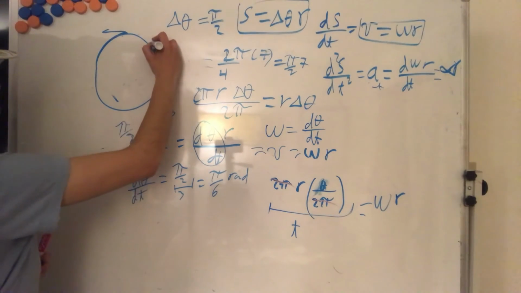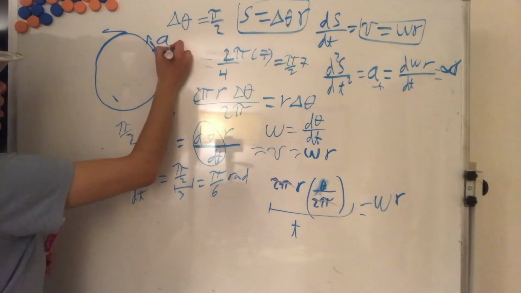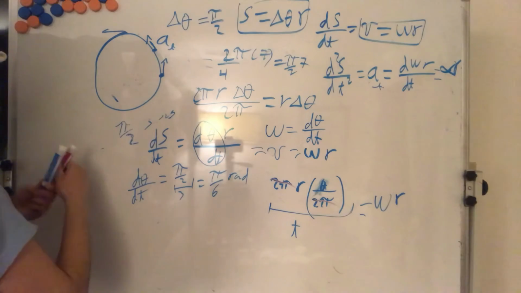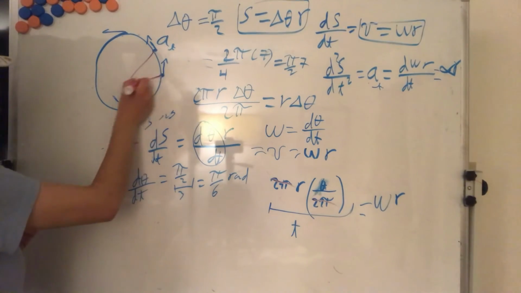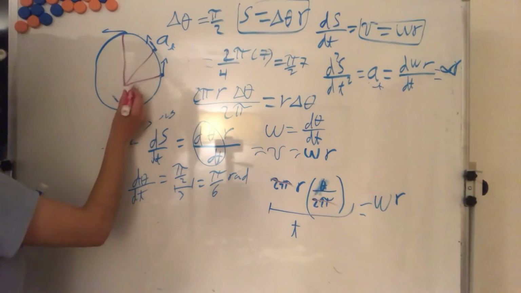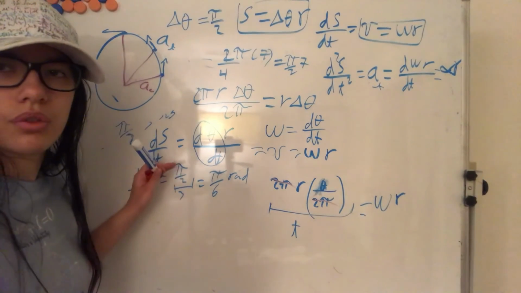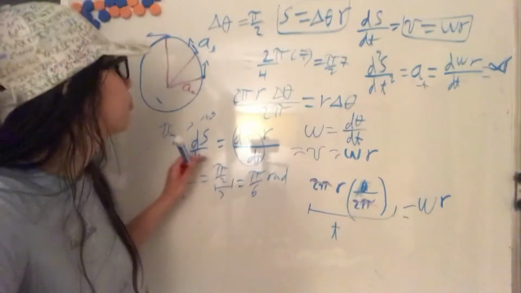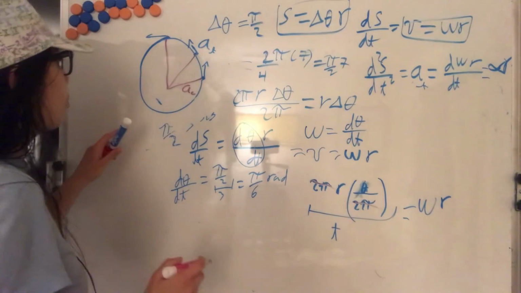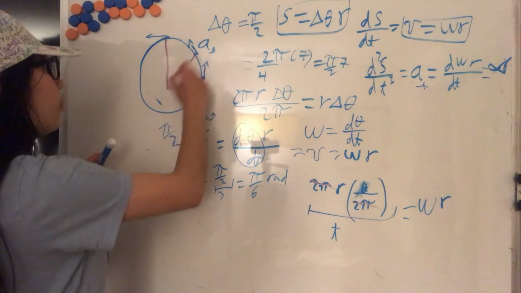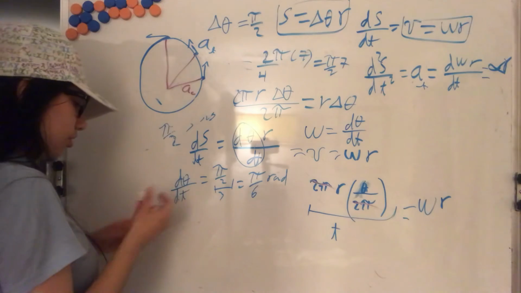For example, here we have this tangential acceleration, and we have here the centripetal acceleration, that is always the same, the magnitude is always the same. So these are the components of the acceleration vector.